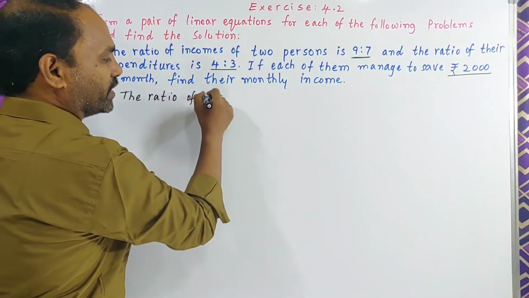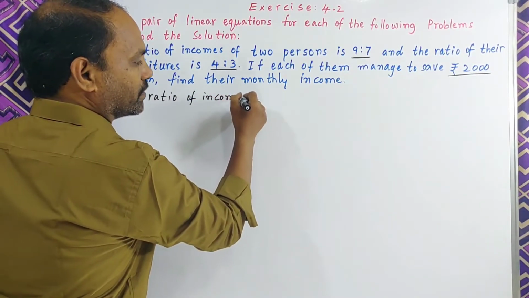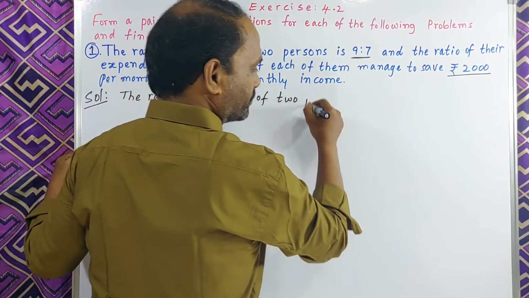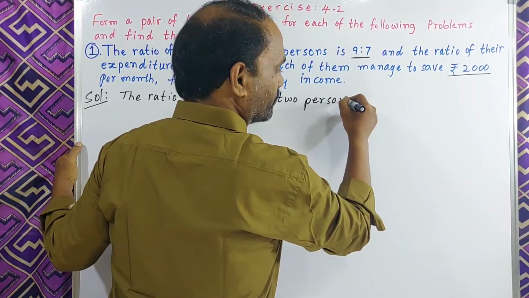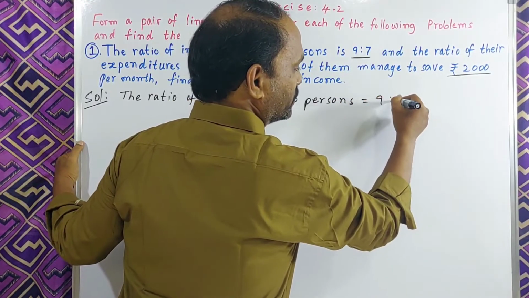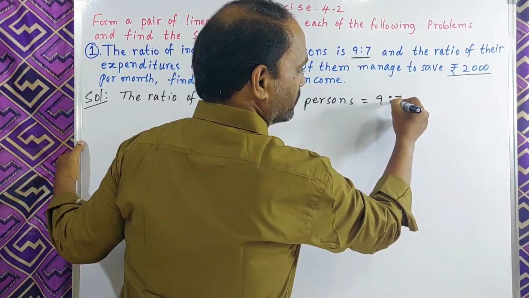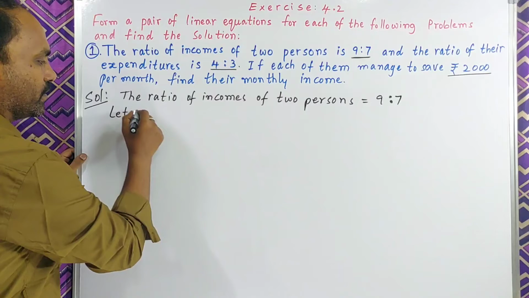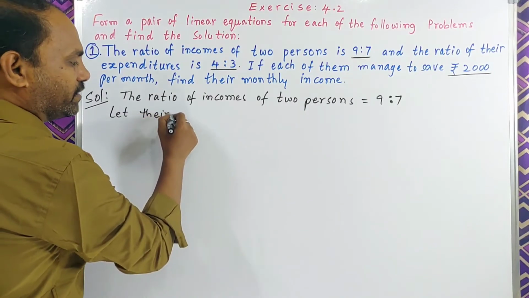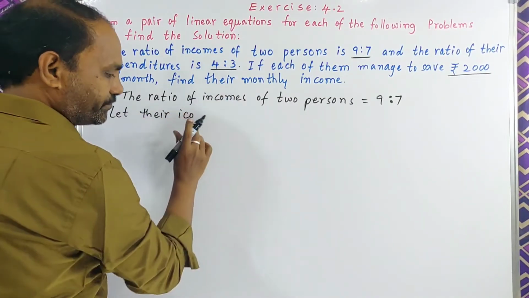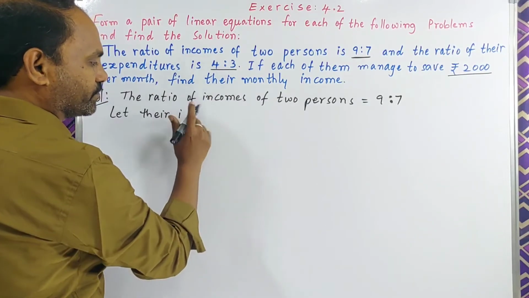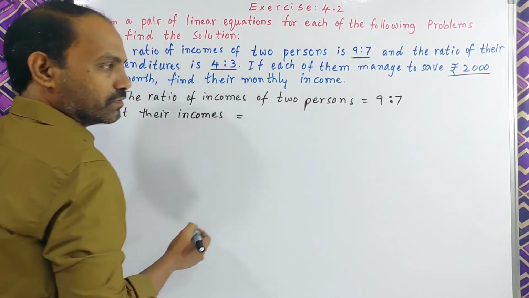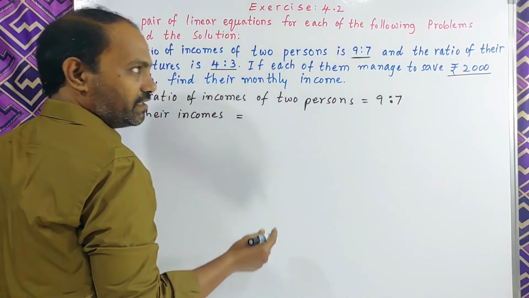The ratio of incomes of two persons is 9:7, given.